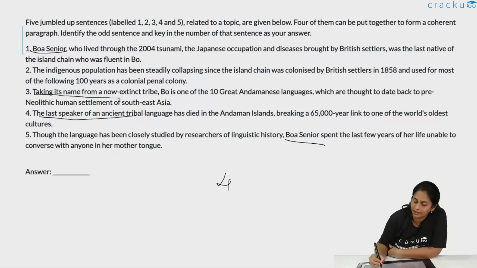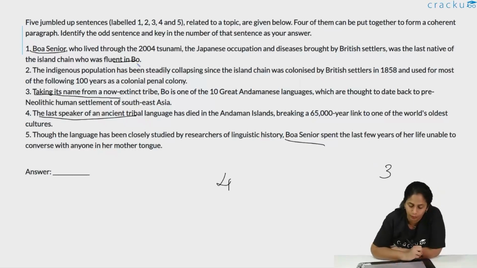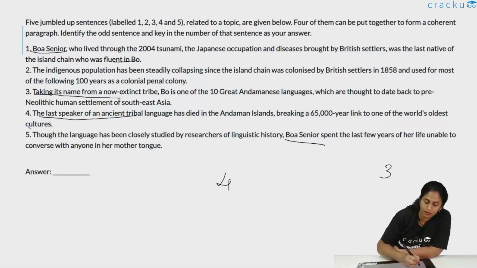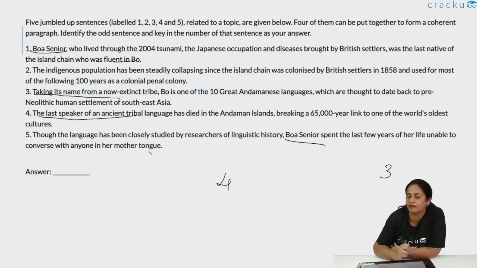So this sentence 3 has to come after another sentence which essentially introduces Bo. So is there any other sentence which introduces Bo? 1 introduces Bo, she was fluent in Bo. And 5 says though the language has been closely studied, she was unable to speak in her mother tongue in the last few years. So since Bo is not mentioned over here, we cannot use 5 as a precursor to 3. The only precursor to 3 in that entire paragraph is 1 as such.